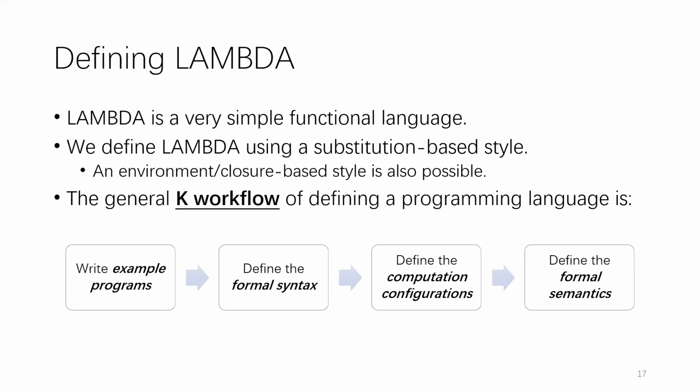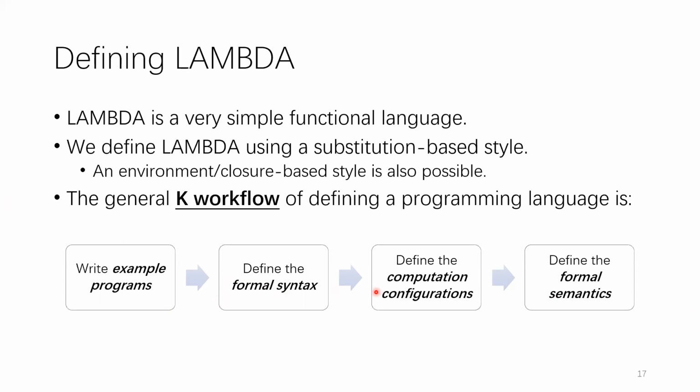So defining Lambda. As said, Lambda is a very simple functional language. We'll define it using a substitution-based style. What I'm showing here is the general workflow to define a programming language in K. So first, we start by writing down some example programs in our language. And then we define the formal syntax.